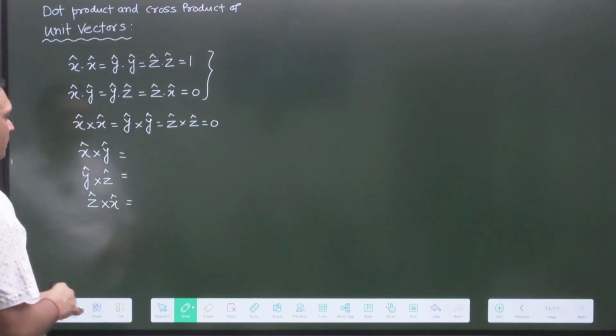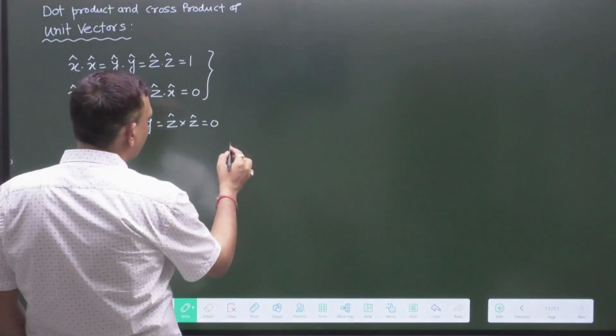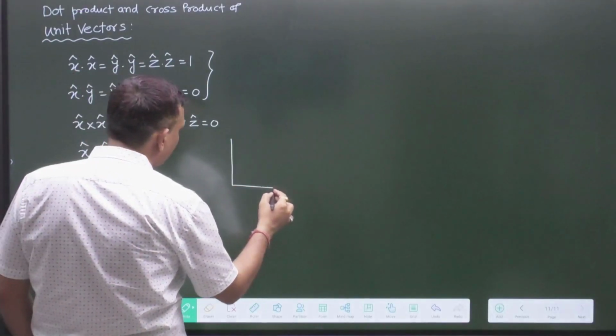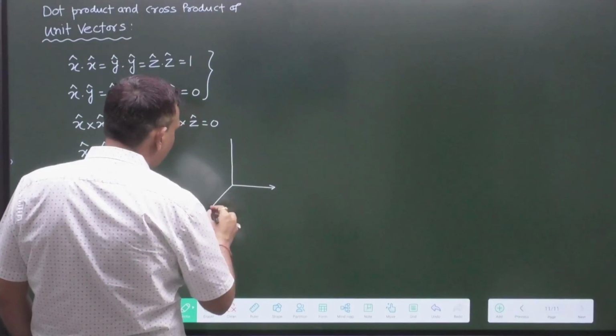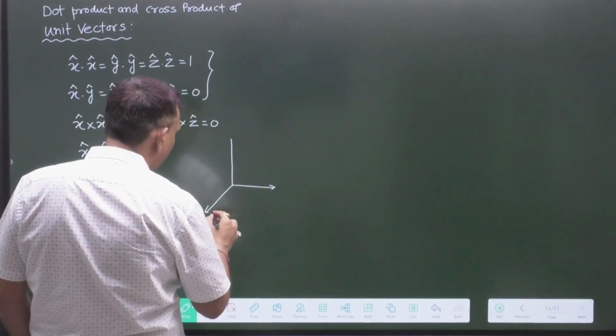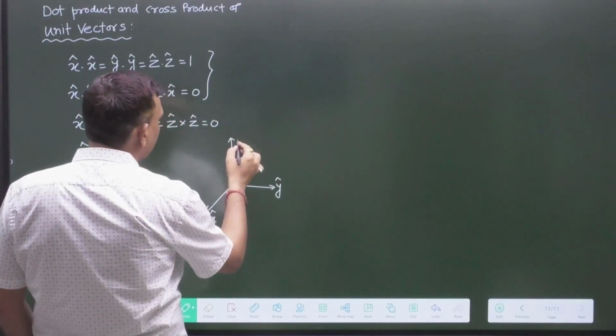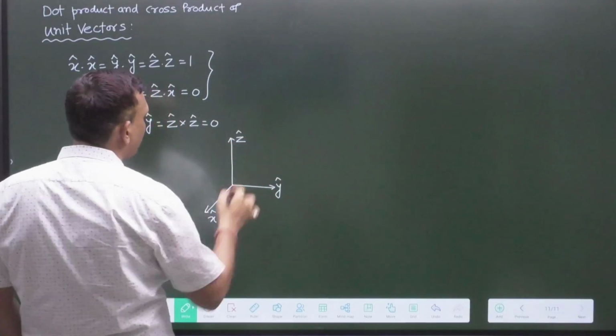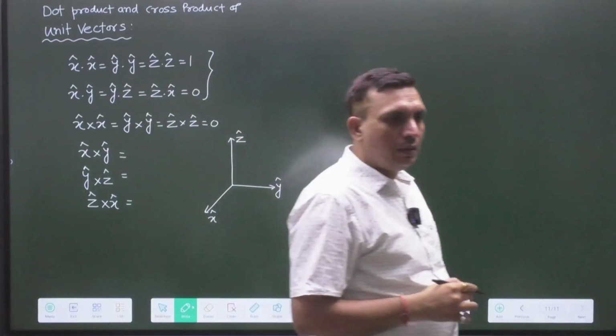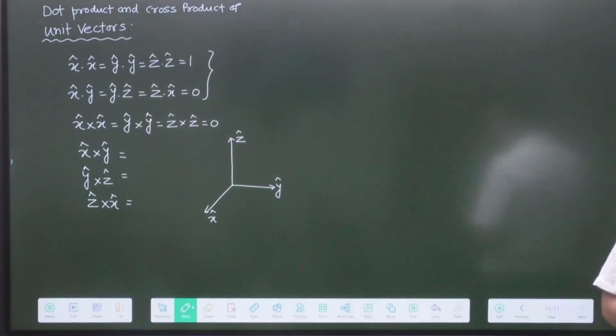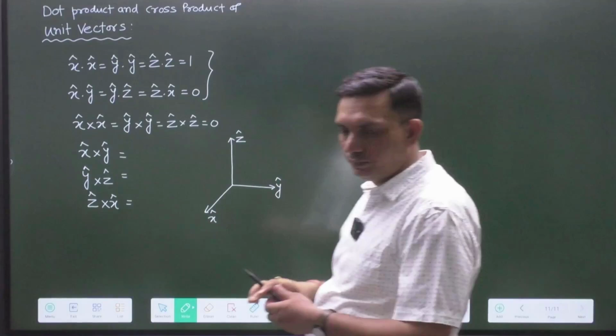Write down this. For cross product, you can use the right hand rule.